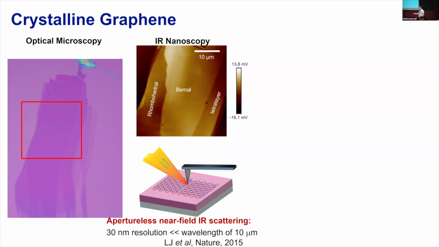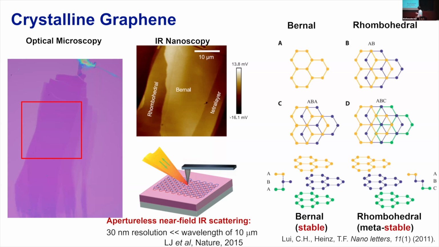And those contrasts can only be revealed if you use photons with much lower energy than the visible photons you have in your optical microscope, because lower energy photons are more sensitive to the subtle difference in the electronic band structure for different stacking orders. These two contrasts here correspond to the so-called Bernal stacking and the rhombohedral stacking of graphene.